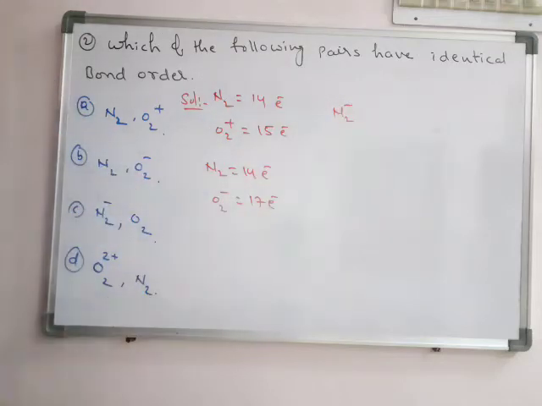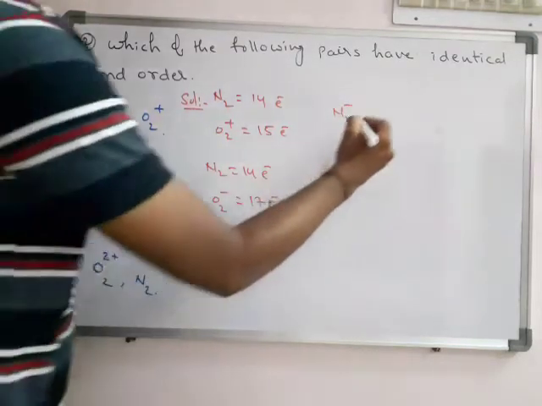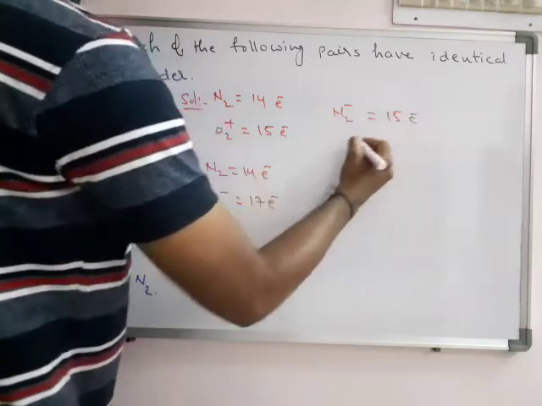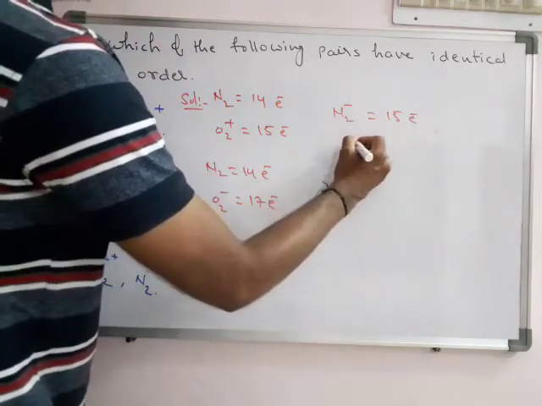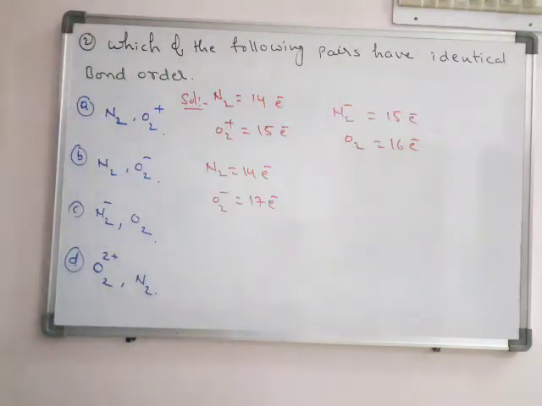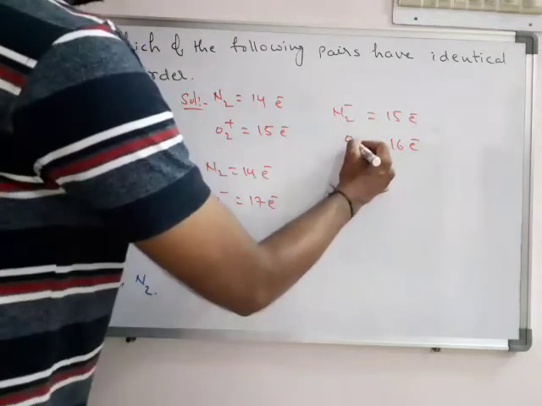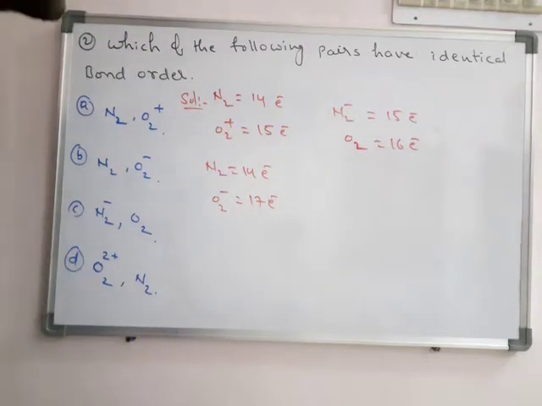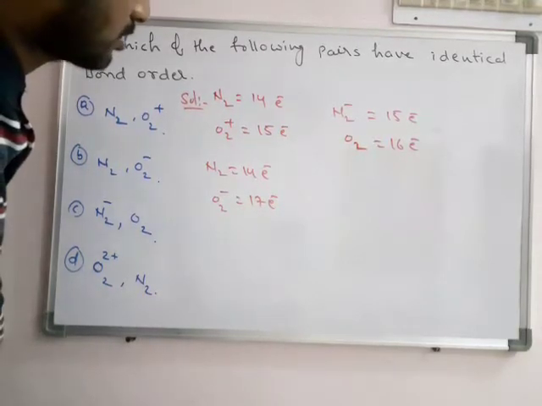Next take N2 minus. N2 minus means how much? 7 plus 7, 14. By adding 1 electron, 15 electrons. Next O2. O2 will be 16 electrons. I think O2 should be plus. Okay, here some are having 14 electrons.